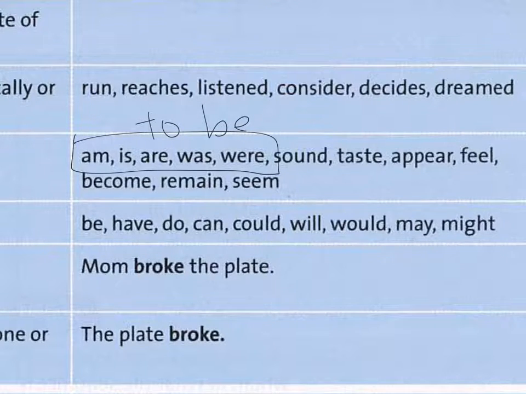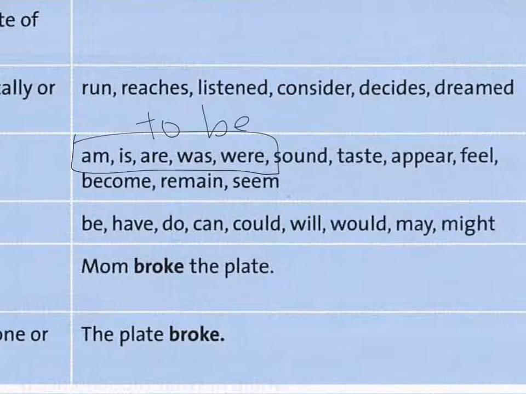So if you said, I was listening. So listening is the verb and was is the linking verb here. I was listening. Then we also have sound, taste, appear, feel, become, remain, seem.